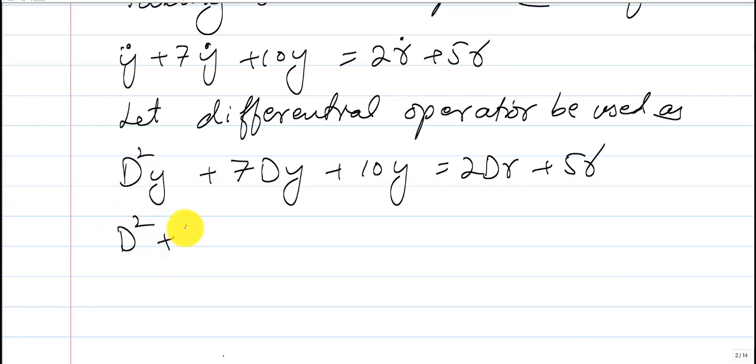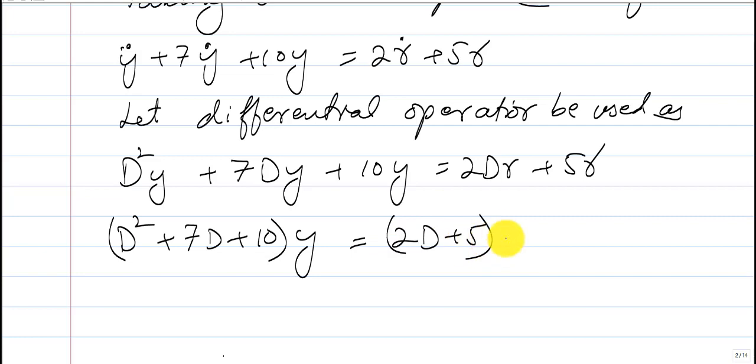That can be written as (D² + 7D + 10) y, and similarly here (2D + 5) r, where we take out y and r.